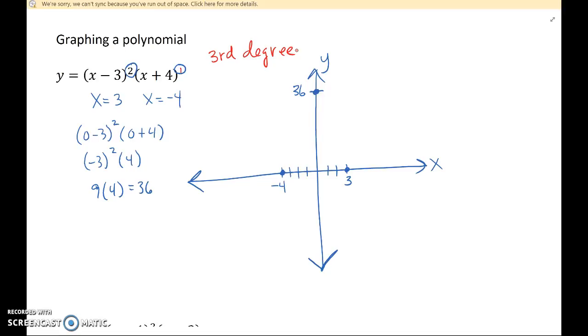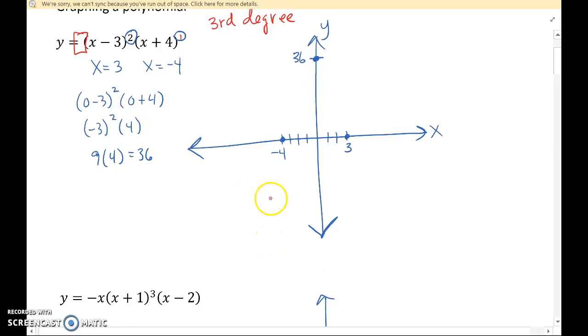We also need to note that it is a positive third degree polynomial, and we can identify that by looking up here in the front and seeing there's no number. So assuming that it is a +1, it will start down and it will finish up. And this is what we note as the end behavior.